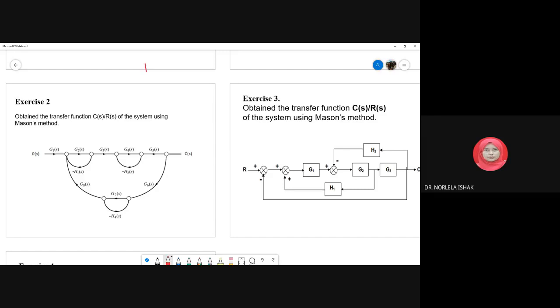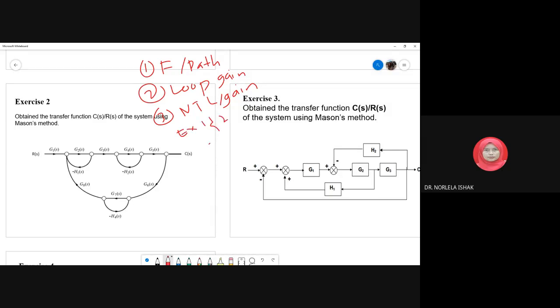Cari apa? Satu, cari forward parts. And then 2, you have to define loop gain. And number 3, non-touching loop gain. Okay, for exercise 1 and 2.